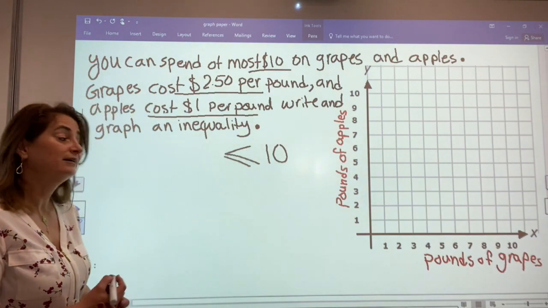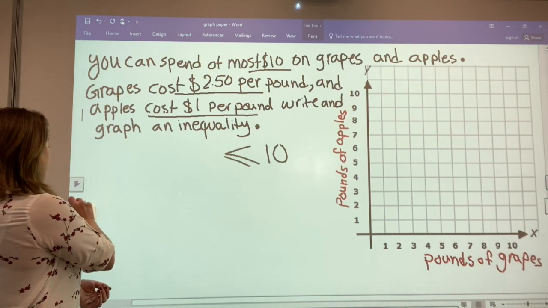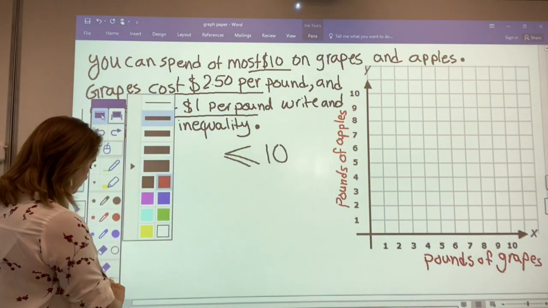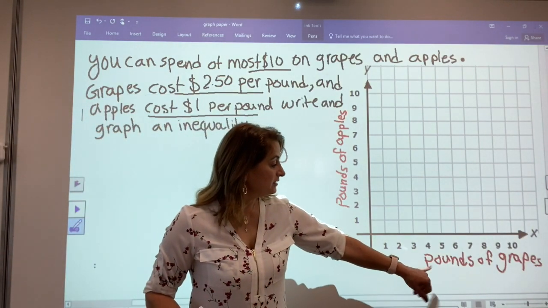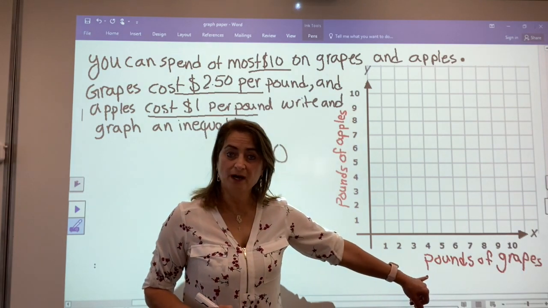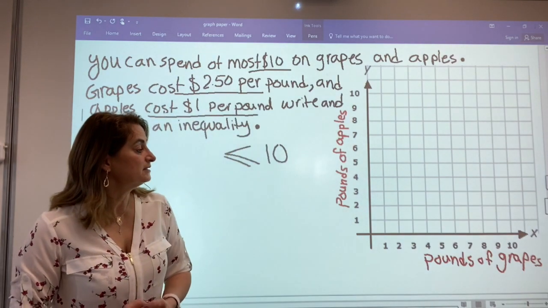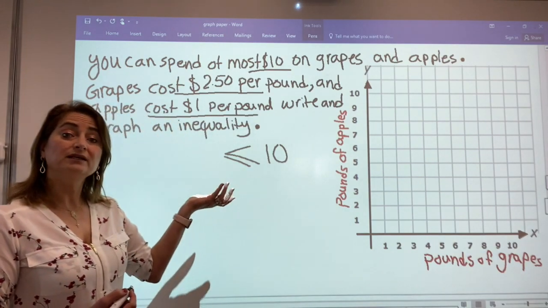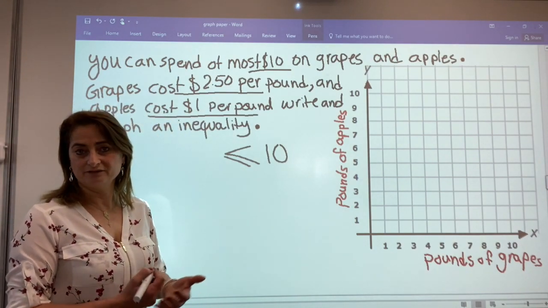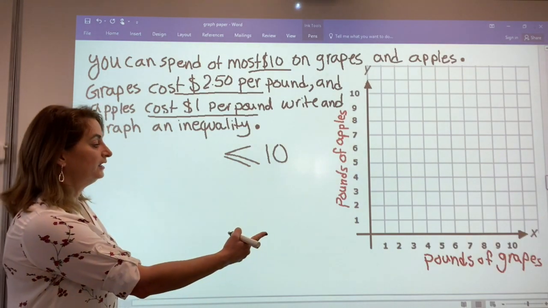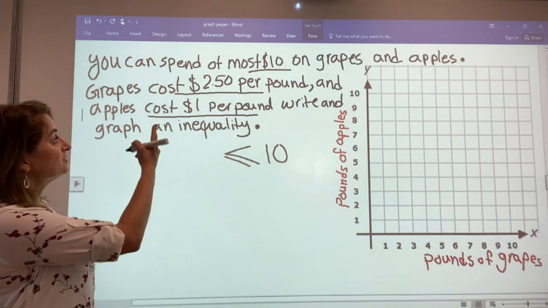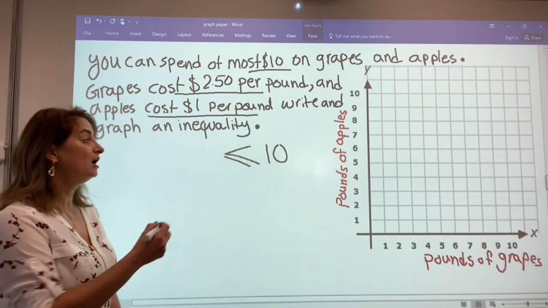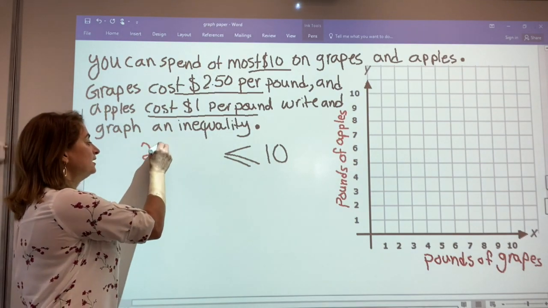Now let's write the variables. The X represents the number of pounds of grapes I can buy, and the Y represents the number of pounds of apples I can buy. Now let's look at the cost for each kind of fruit. The X, which is the grape, costs $2.50 per pound. So how many pounds can I buy for $2.50?